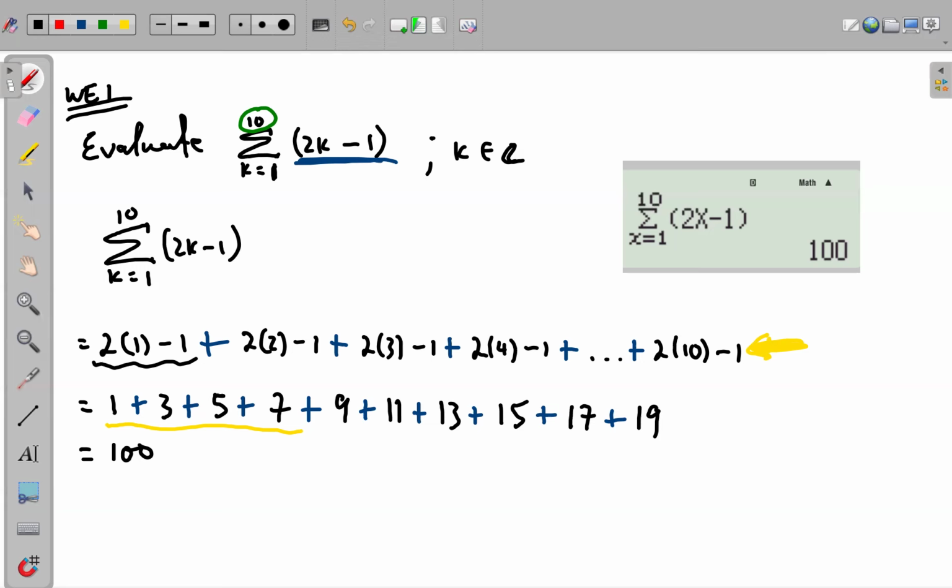So here you would notice, okay, I'm dealing with an arithmetic series and the difference is 2. The first term, a, is 1, and I'm just adding 10 terms here. So S10 is equal to n over 2, which is 10 over 2, into 2a, 2 times 1, plus n minus 1, which is 10 minus 1, times d, which is 2.